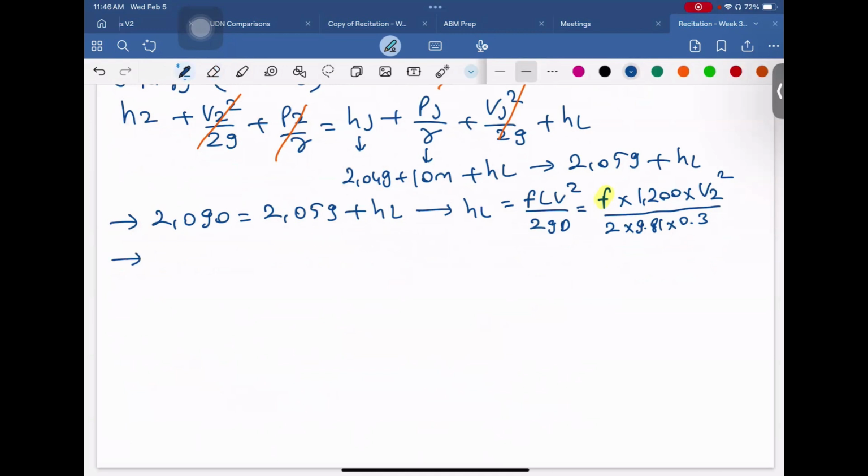And this time we are going to assume it based on e over D. e over D is 0.0015. And since we have complete turbulence, we can assume a value of 0.022.